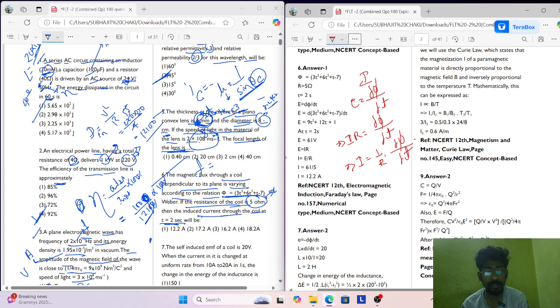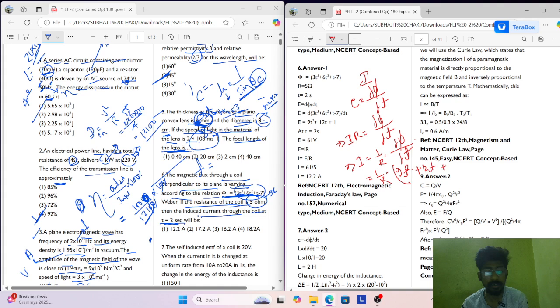The phi equation is given. Now differentiate it. Single-order differentiation of 3t cube: the 3 will come out, so 9t square. If you have any problem regarding calculus, there is a specific video of basic mathematics in our app. You can go through it.